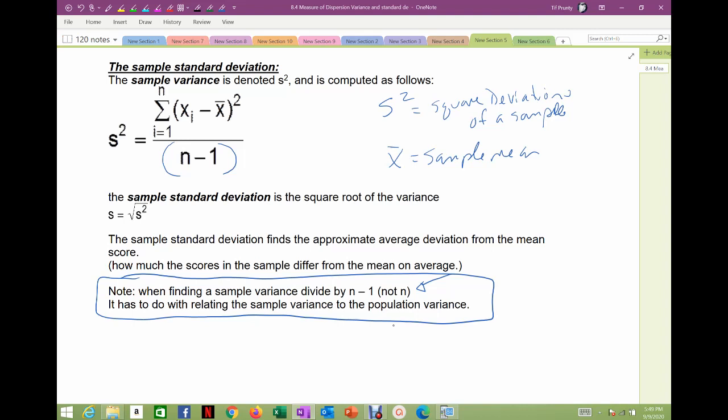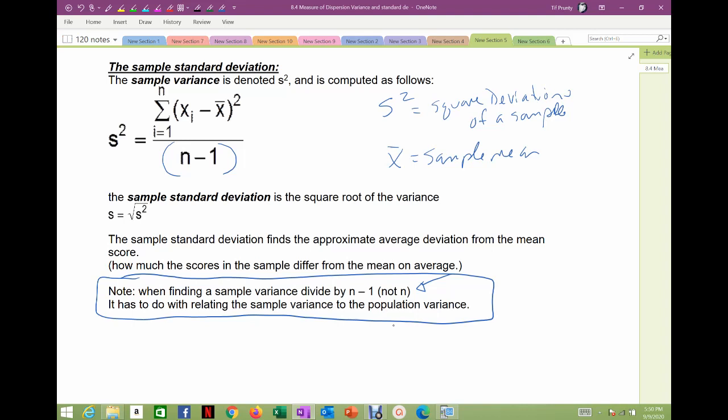And so the deviation's not perfect, and they want a broader range, and the way they've corrected it is to divide by 1 less than how many items I have. So if I had 10 items, I divide by 9. Now, you're not going to have to do that, it's all done in the program, but that's what's going on, and that's why the sample standard deviation is different than the population standard deviation, and sample is always a bigger deviation, because there's more error if I'm not pulling everybody. There's error involved. There's a bigger plus minus.